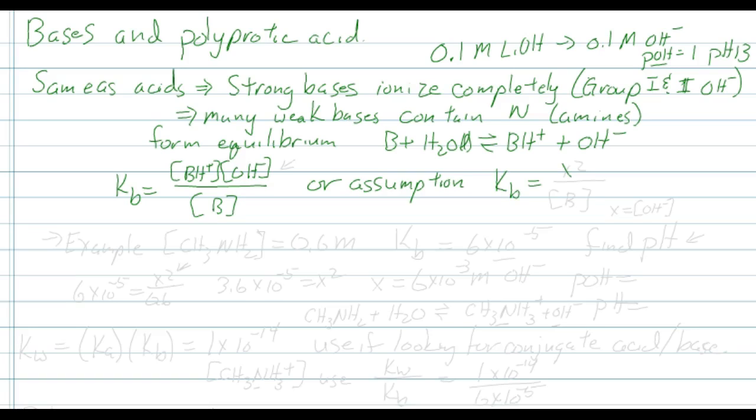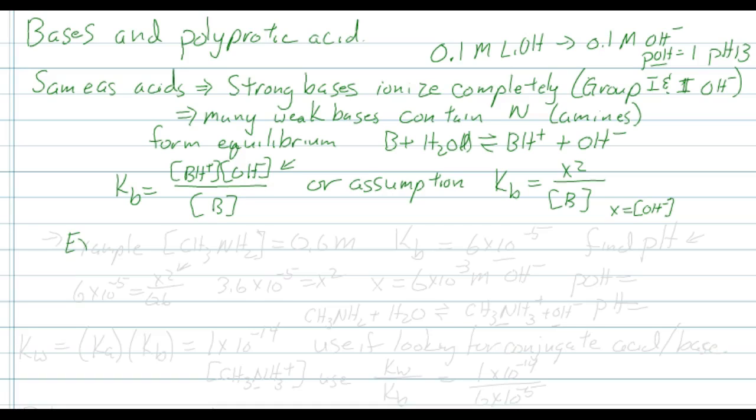Kb is equal to x squared over the concentration of B. And again, that's only if you have one source. If you have two hydroxide sources, you gotta do just like we did with the acids. You might note here that x is equal to the hydroxide ion concentration. Again, this is why some people force you to write this first, so that you know x is not hydrogen ion or hydronium ion, it's hydroxide ion.